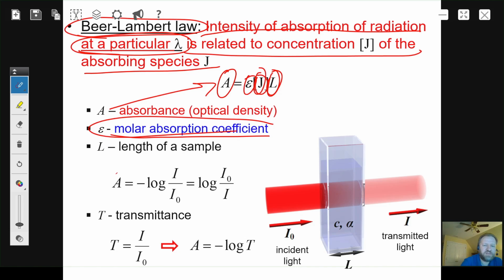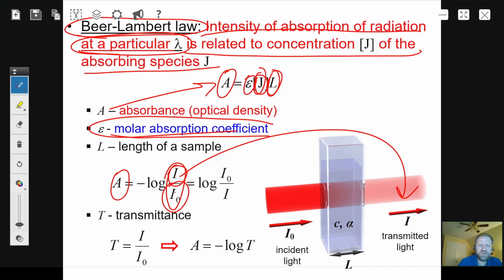Now, the absorbance or optical density can be defined in terms of the negative base 10 log of the ratio of the transmitted beam and the incident beam. So this is the transmitted beam, this is the incident beam.